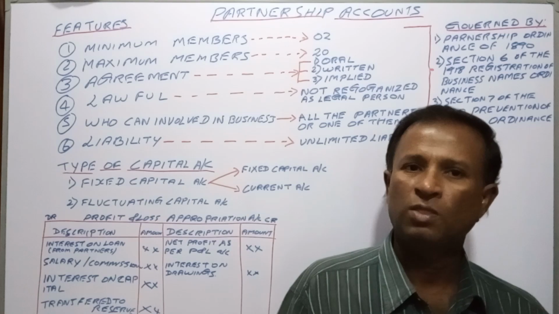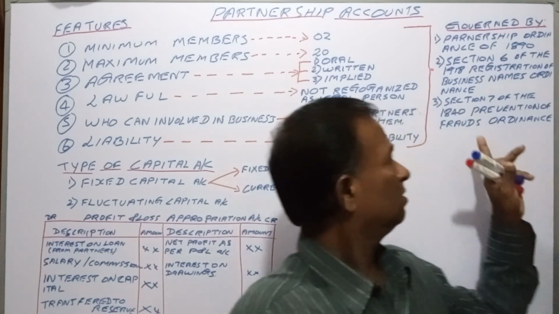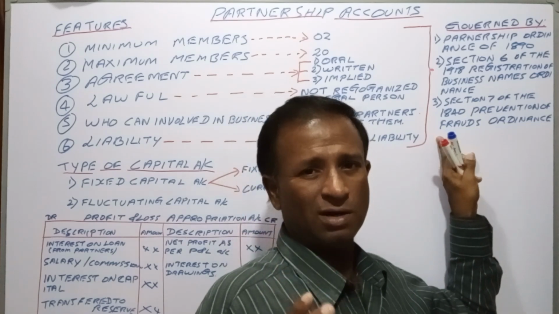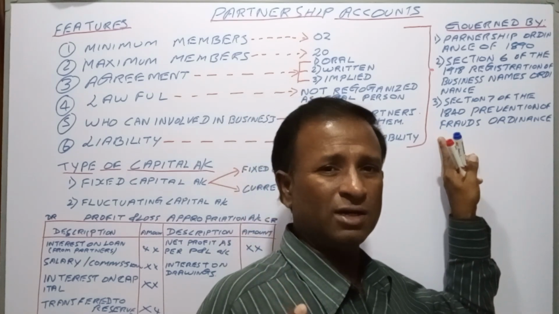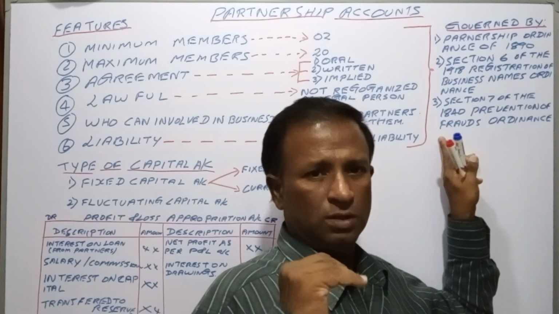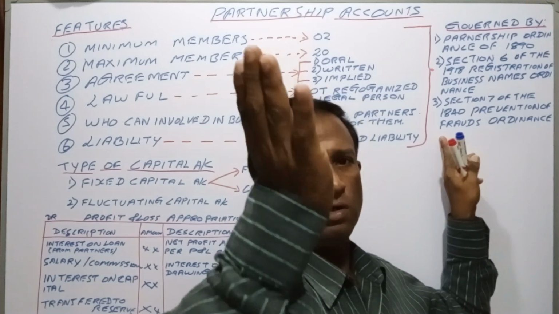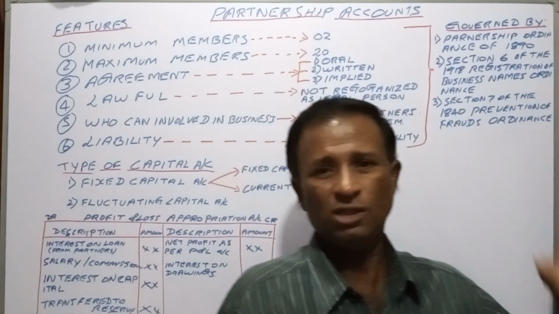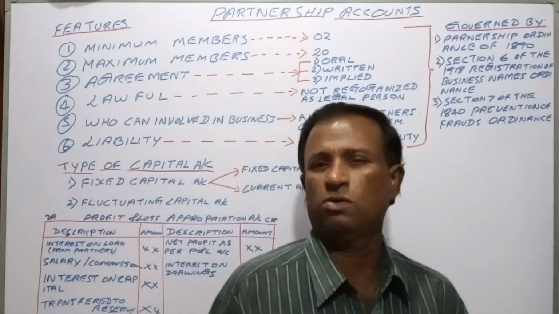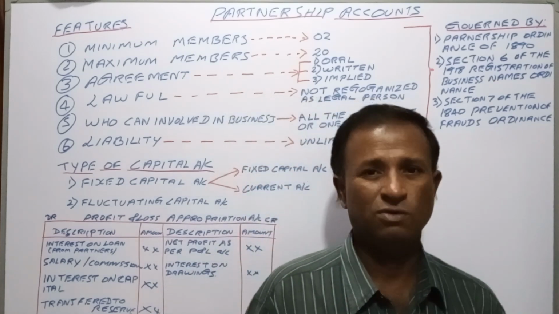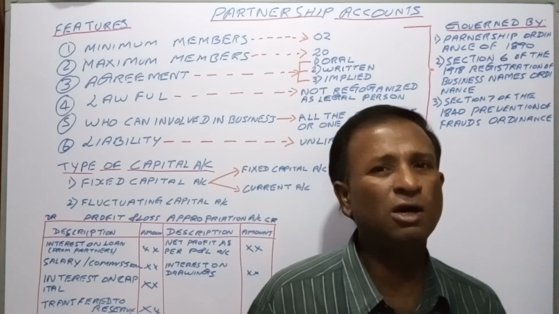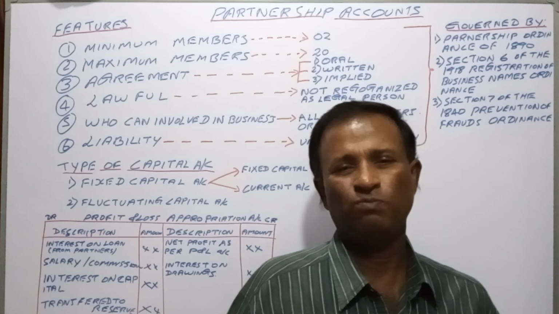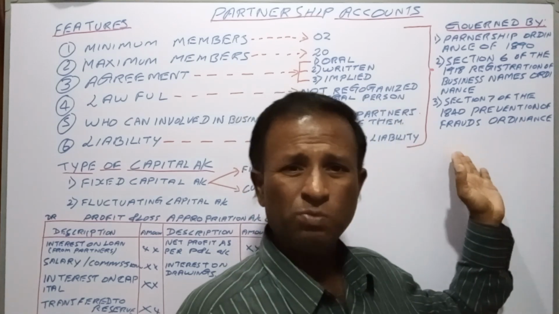Under this ordinance, you cannot enter into a partnership orally if the capital goes beyond 1000 rupees, because in 1840 1000 rupees was a big amount. Can you understand? 1000 rupees was a big amount, whereas in 2024 the 1000 rupees is nothing.